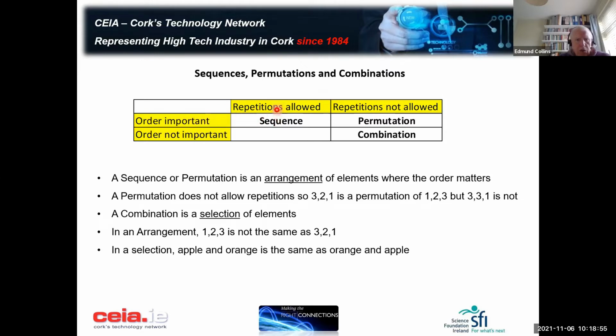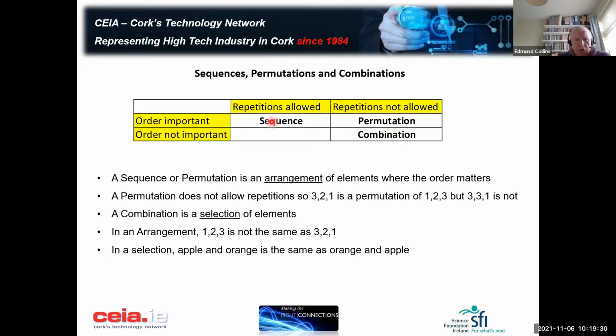So in terms of the sequence here, a sequence or a permutation is an arrangement of elements where the order matters. So by order, we mean that 1, 2 is not the same as 2, 1. However, in a combination, order does not matter. So 1, 2 and 2, 1 are considered to be the same.